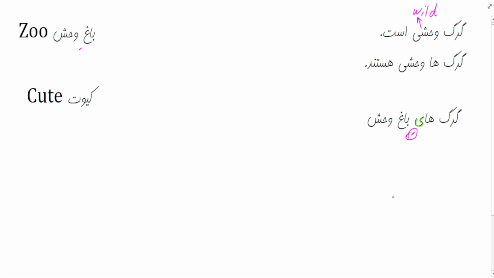So گرگ‌های باغ وحش cute هستند. گرگ‌های باغ وحش cute هستند. And again, pay attention when there is plural form ha at this side, there is plural form of verb at this side too.